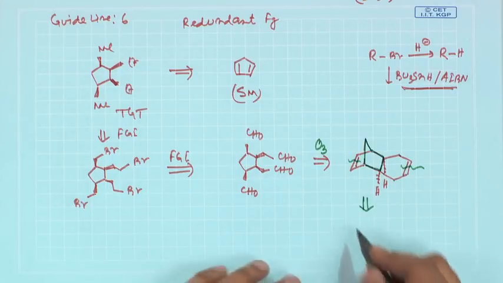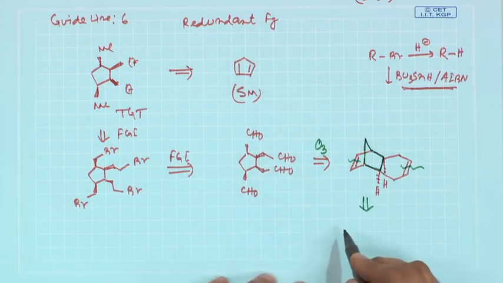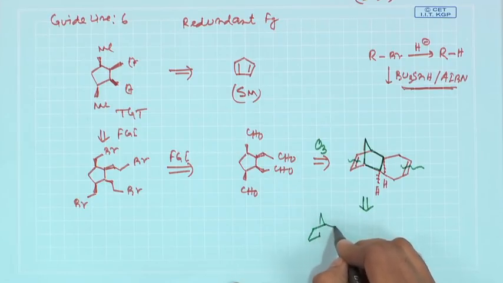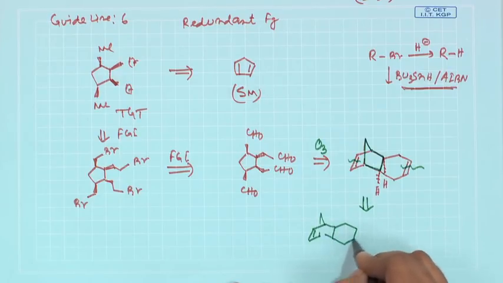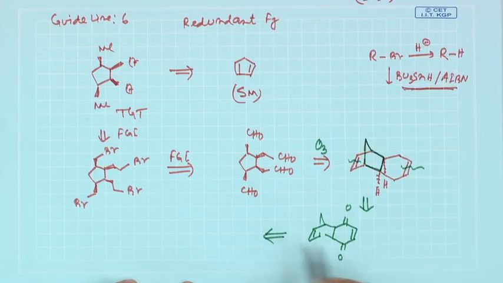Next, as you have already been told that you have to use a Diels-Alder reaction because the starting material given was cyclopentadiene, our next retro will be based on an exploration of redundant functionality. I will say that if you have this kind of compound, you deoxygenate both the carbonyl oxygens and you can think of having this kind of retro.